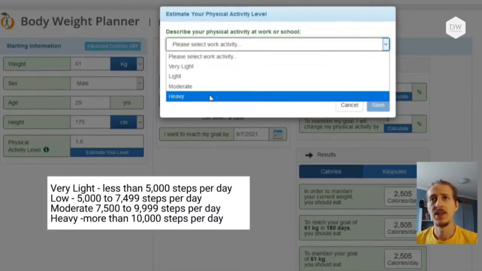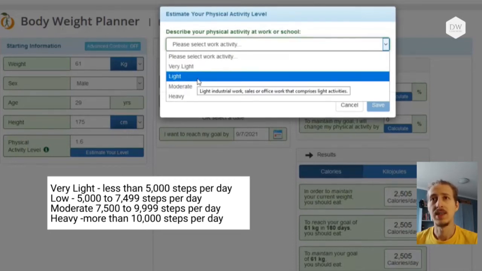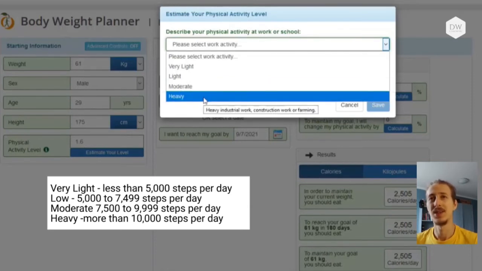How I would describe this: very light would be sitting at a computer, below 5,000 steps. Light industrial work, sales or office work would be maybe between 5 to 7.5k steps. Moderate, cleaning, kitchen stuff, is 7.5 to 10k steps a day, or I mean that is the equivalent, and heavy would be above 10,000 steps, which is my case.